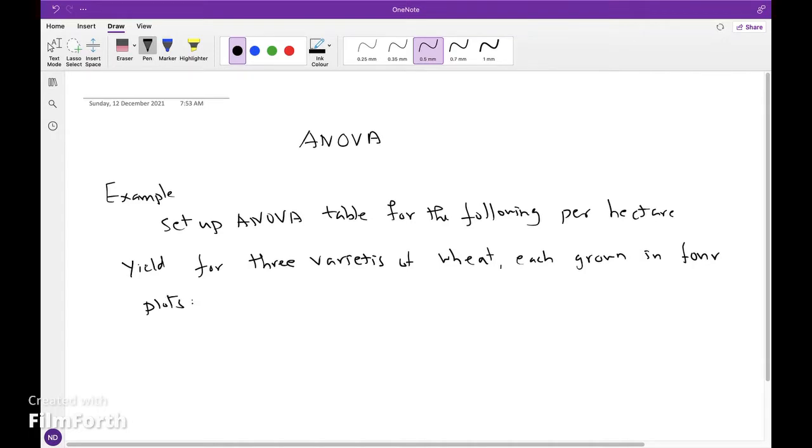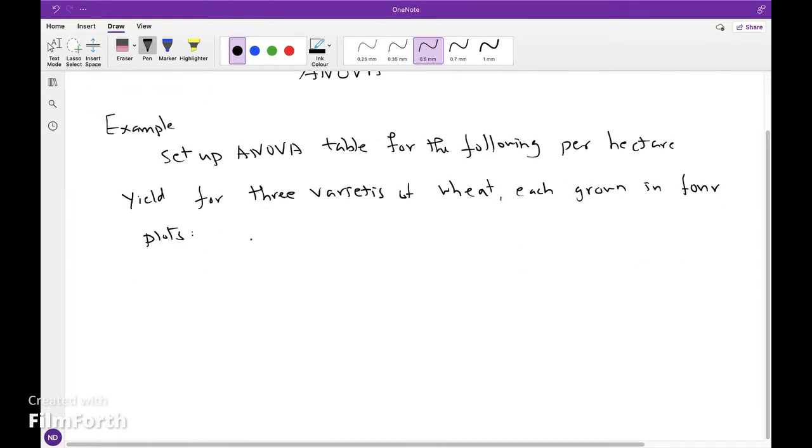Per hectare yield 100 grams. Plots of land, variety of wheat: A1, A2 and A3.